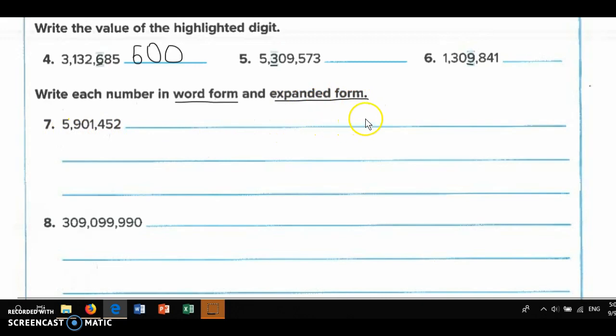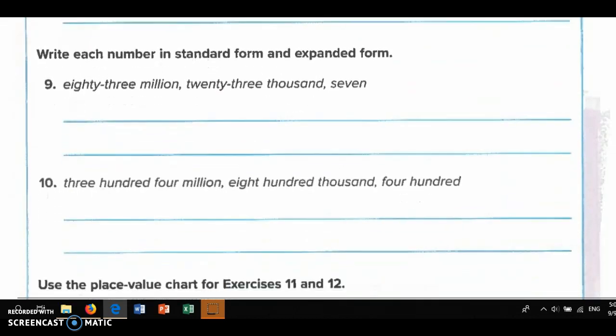So write this first in words and then expanded form. The same with this one: 5,901,452. This one is 309,099,990. Write that in word form and then expanded form.